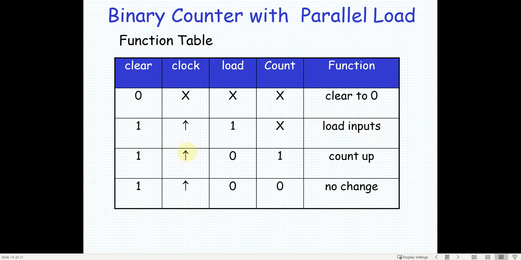When clear is 1, since we have a clear bar here, with clear 1, positive clock edge, load 0, and count 1, it will count up, right? And when clear is 1, load is 0 and count is also 0, then whatever data is available will be stored here. It will not change. So this is how a binary counter with parallel load works.